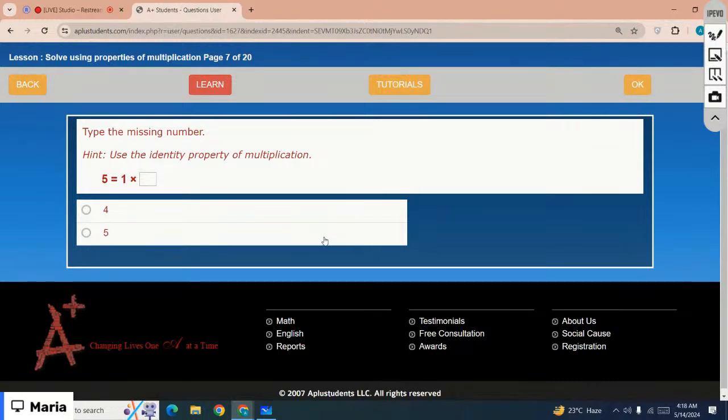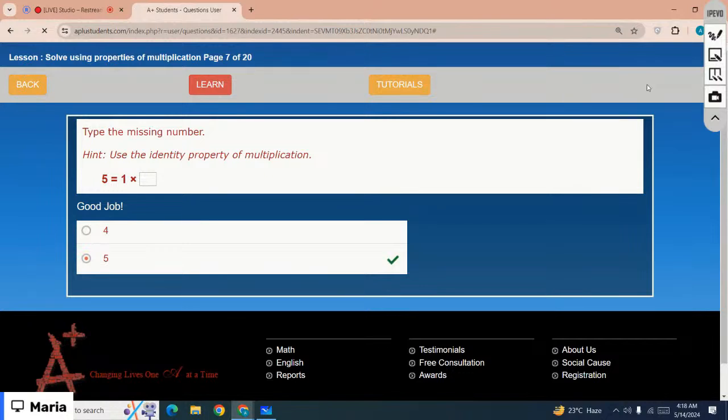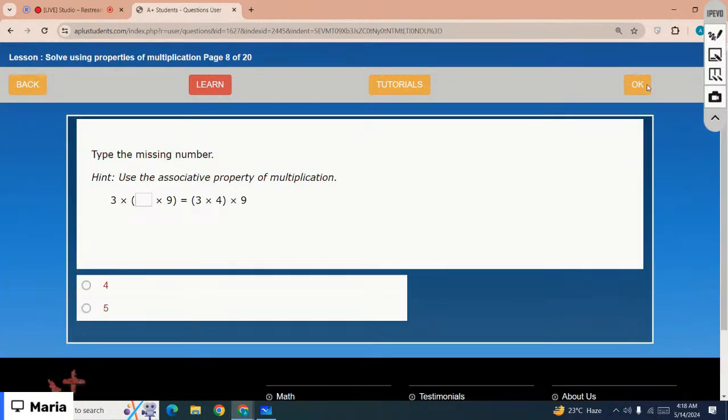Very good. 5 is missing. Type the missing.